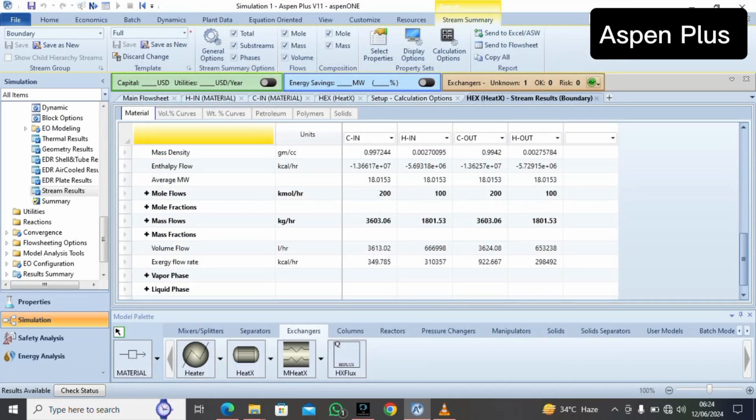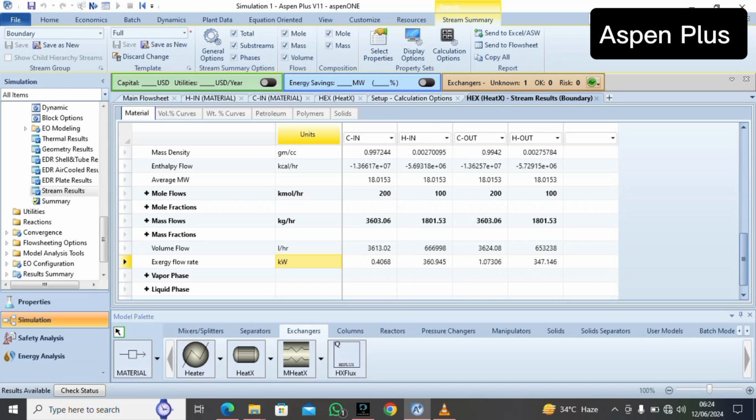Okay, exergy flow rate is available. We calculated in kilowatts. So here we see the exergy calculation is the physical exergy. It has nothing to do with the chemical part.